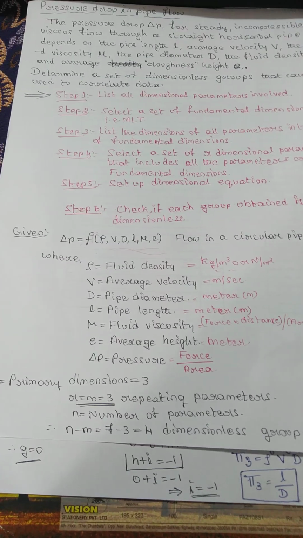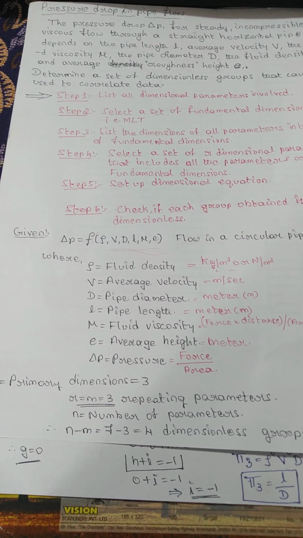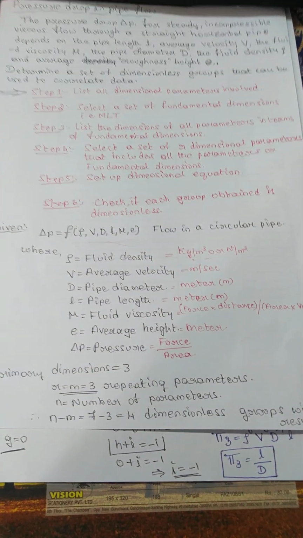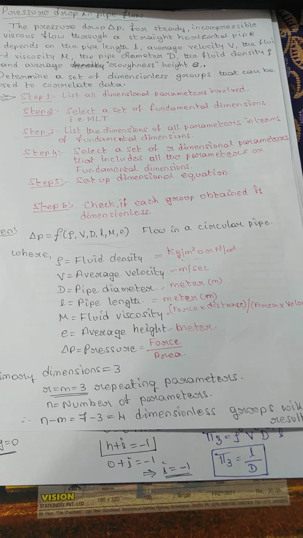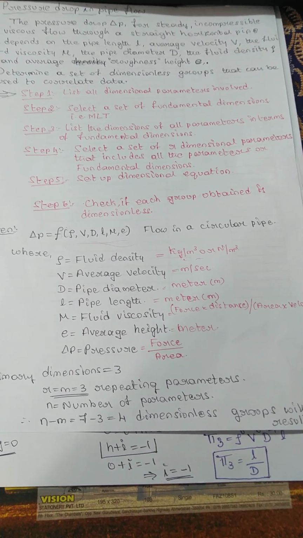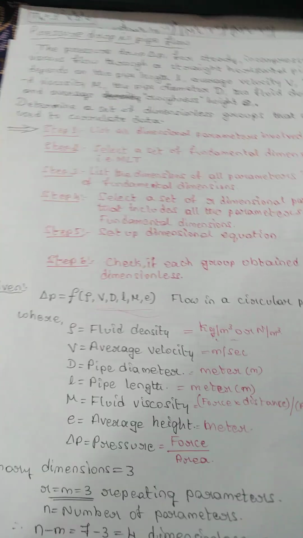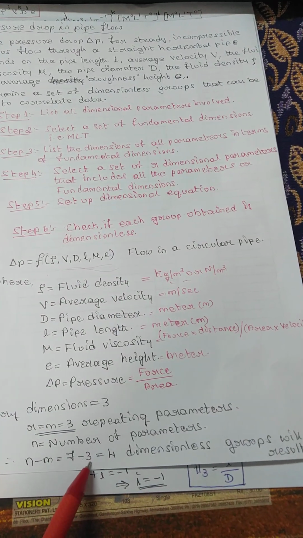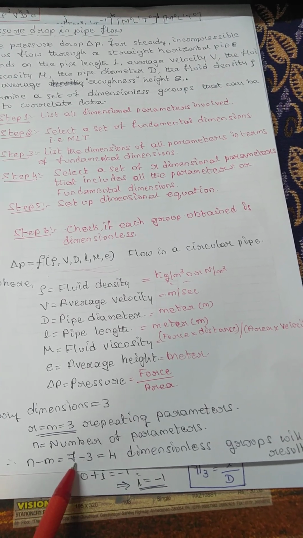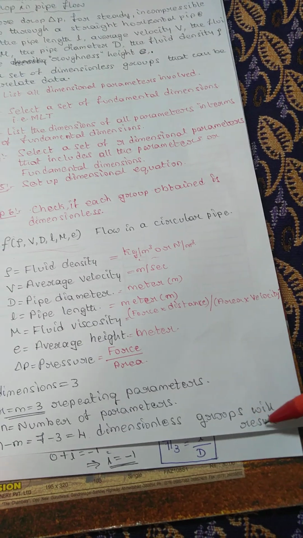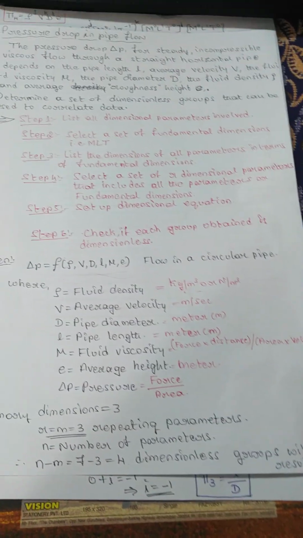In the Buckingham Pi theorem we always consider 3 variables as repeated variables which cannot form a dimensionless group. Total variables are 7, so 7 minus 3 is 4, that is, 4 dimensionless groups will result.